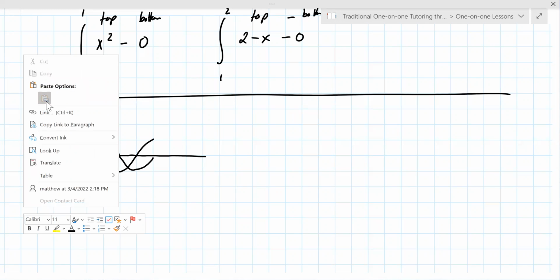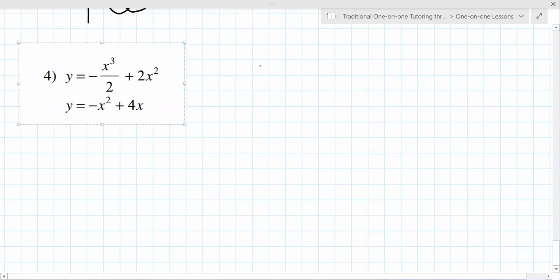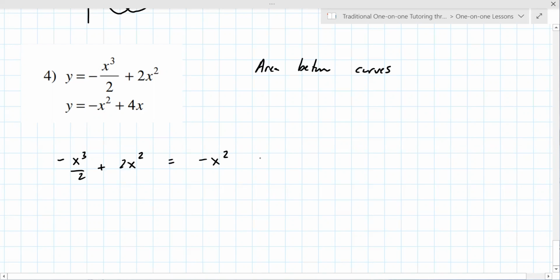This one would say to find the area between the curves. Okay, so how do you draw a picture for that? Oh my God. So let's not draw a picture. Let's just solve it. Let's just set it equal to each other. Minus x cubed over 2 plus 2x squared equals minus x squared plus 4x.